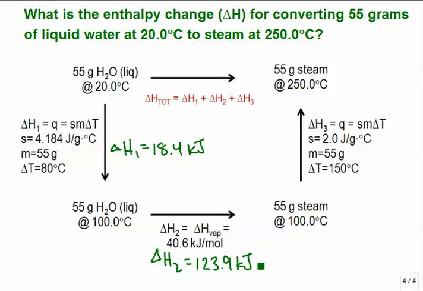So it takes 18 kilojoules to heat our water to the boiling point, then another 124 kilojoules to vaporize all of that water, and now we have 55 grams of steam at 100 degrees C.